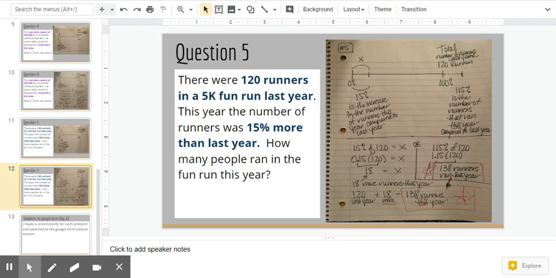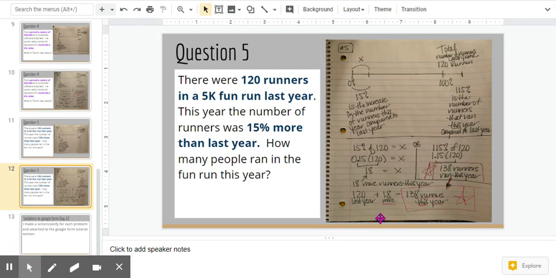My decimal multiplier for 115% is 1.15. 1 for the 100% and 0.15 for the 15%. So 1.15 is 115%. Multiply that by 120, and that gives me exactly that 138. The same number that I ended up with here once I added on the 15%.